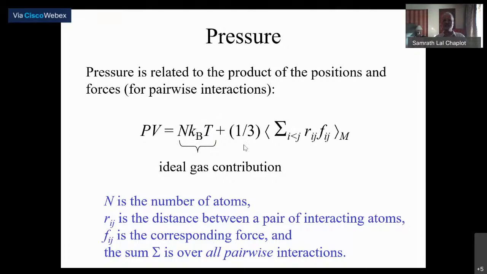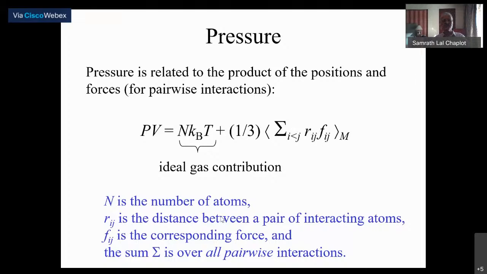So there is a temperature term, and the stress term or the pressure term will be just the dot product of the position. There should have been a dot in between. Okay, there is a dot, but it's very difficult to see it, between r_ij dot F_ij, and so these are the vector distances. r_ij is the vector distance between two atoms i and j, and F_ij is the force between atoms i and j.